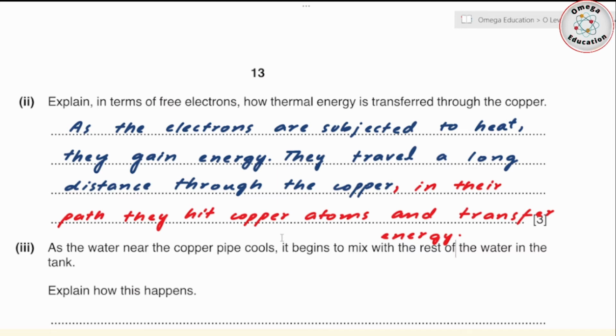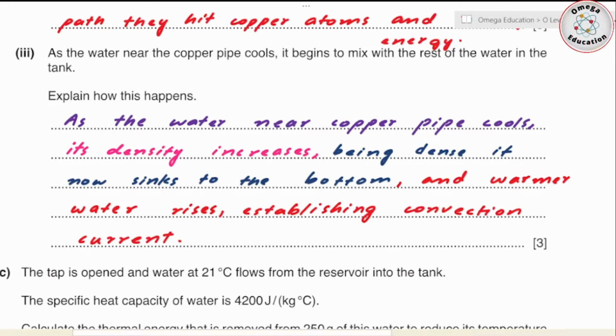As they're moving in their path, they hit the atoms, and when they hit the atoms, they transfer their energy to those atoms. Those atoms start vibrating, and those vibrating atoms, once again, transfer their energy to electrons. So this process gets repeated this way. So this is how we can answer this one.